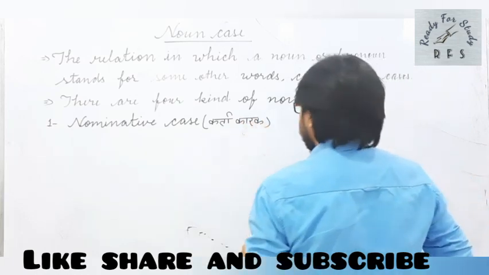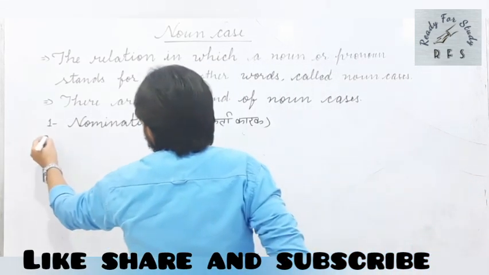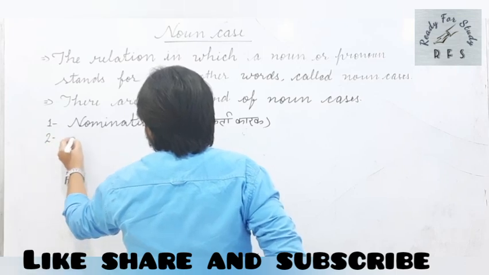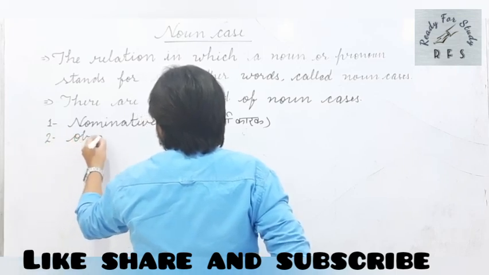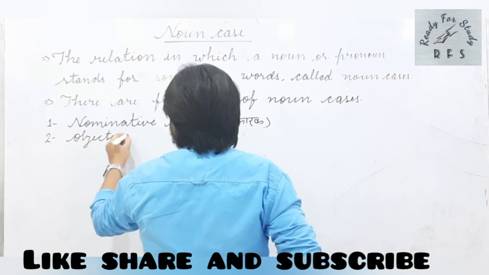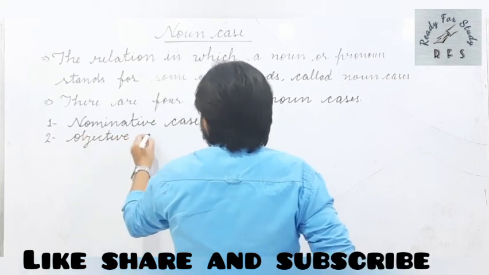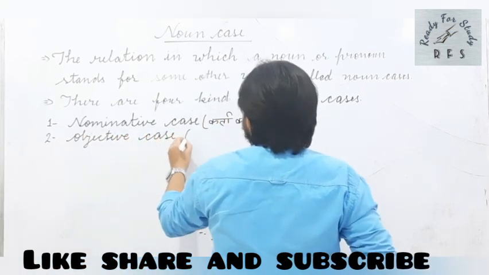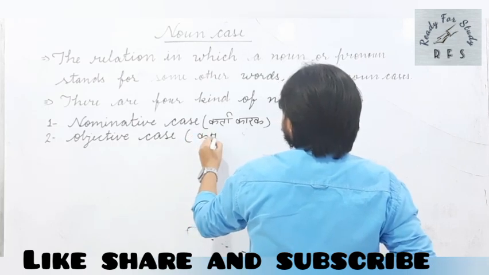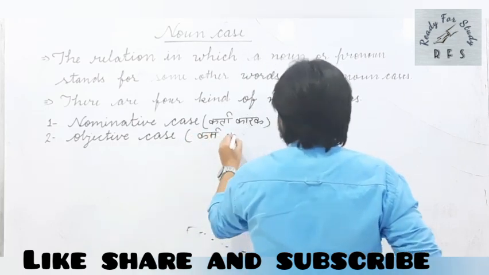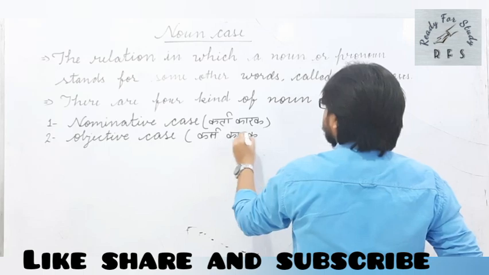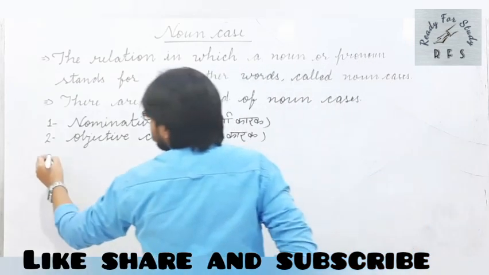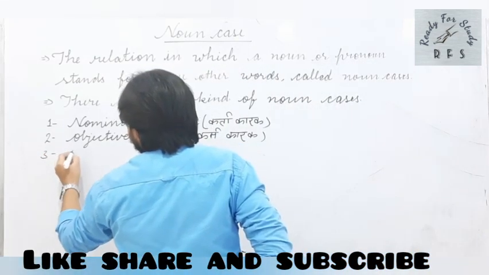Okay, number second, objective case. Means कर्म कारक. Number third, possessive case.